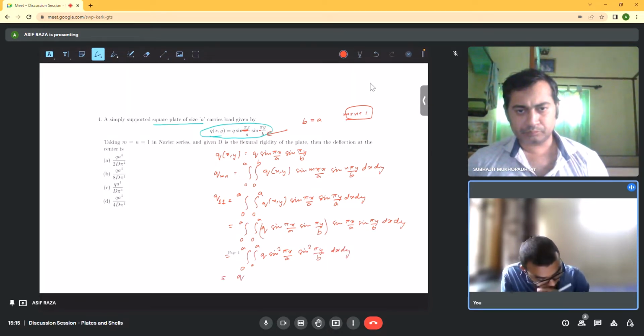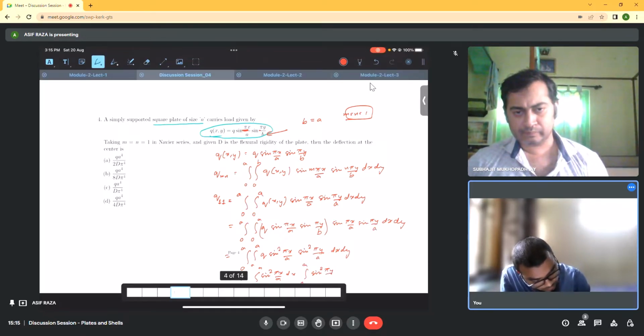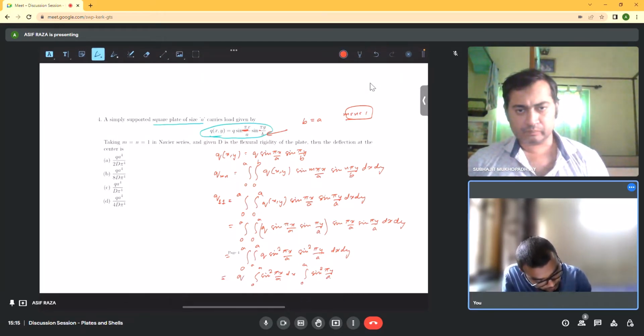which is equal to q can be taken out, and integral 0 to a sin square(pi x by a) dx, and integral 0 to a sin square(pi y by a) dy.